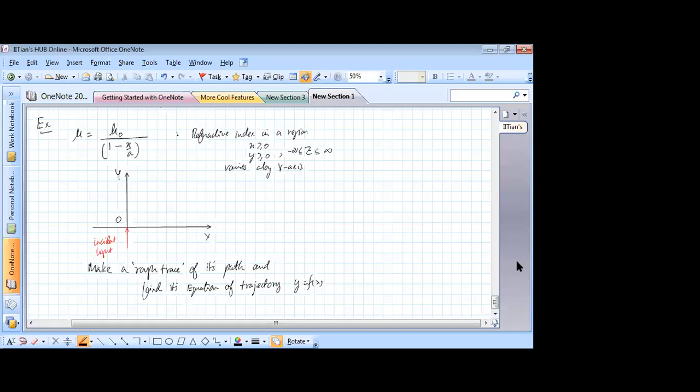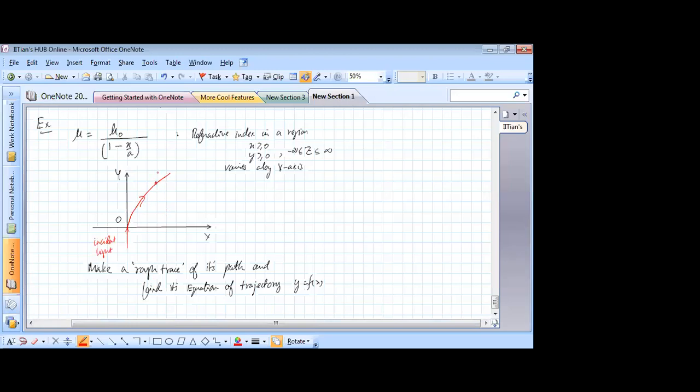Okay, so here, yeah, Ganesh will get something like that. That's correct, what you said. So here it will keep bending towards the normal. Okay, so the path will be in general something like this.